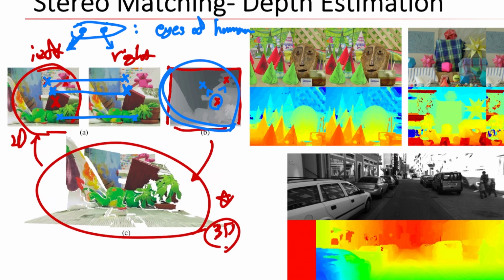So you can just imagine. And by using this information, we can estimate the disparity map. Then by using this disparity map or depth map, we can reconstruct the image by using the left color values, right? So this is stereo matching, or stereo matching based depth estimation.